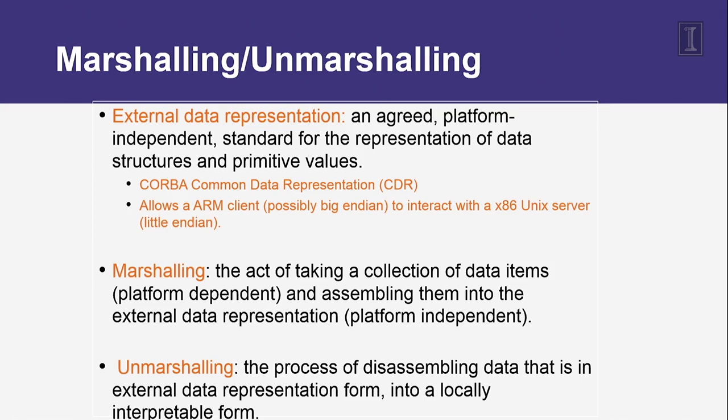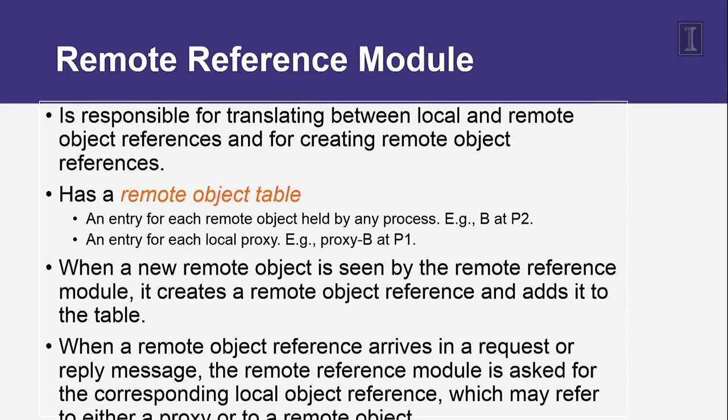Usually that external data representation contains all the information you need in order to be able to decode what the parameters are. So it will not only give, say, an integer, but it will say it's of type integer in the actual message. The unmarshalling, again, is done by a very simple script that takes the contents of the message, and using the information in the message, it is allowed to actually rebuild the parameter space again, and the method invocation that's needed to go ahead.